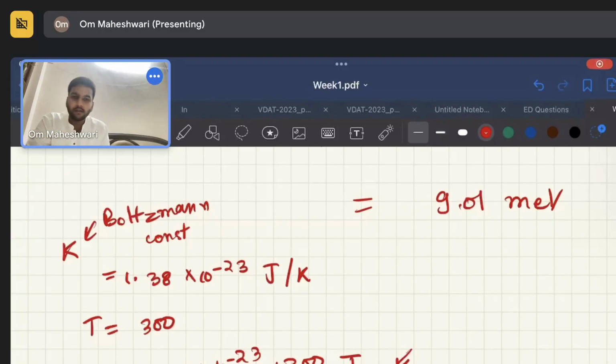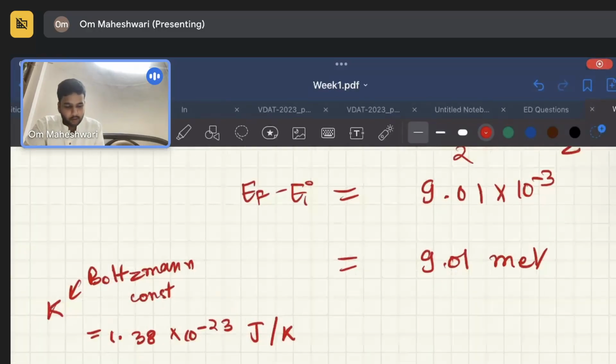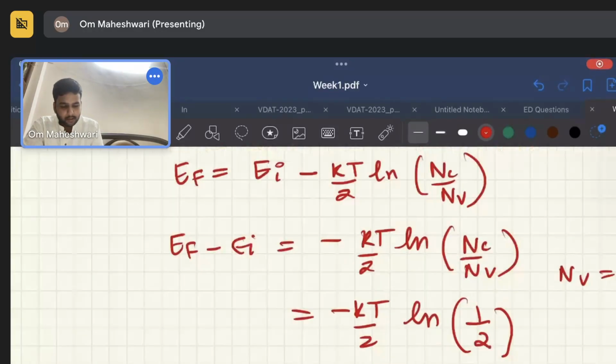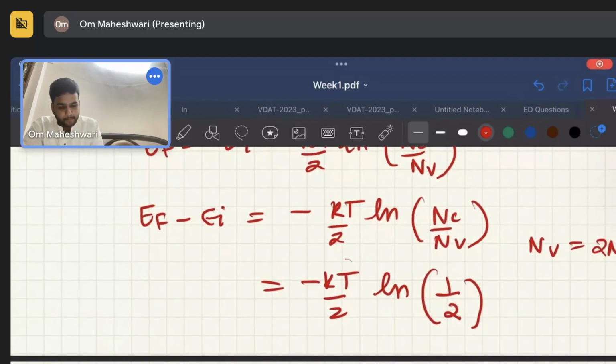So KT in electron volts is 26 milli electron volts. Let me reiterate: here this KT will be replaced by 0.026. Here we have done 0.026 by 2.